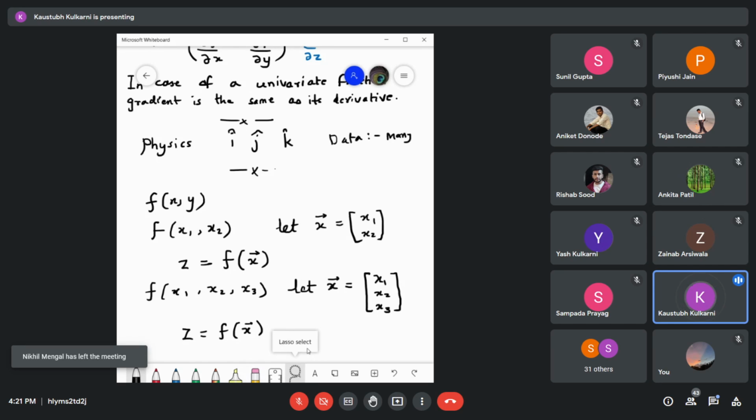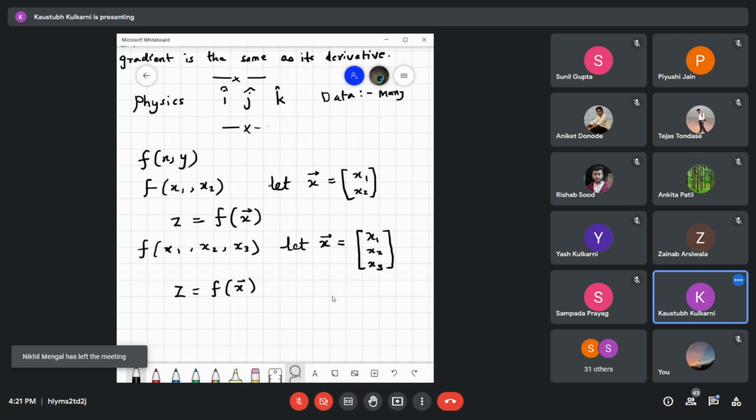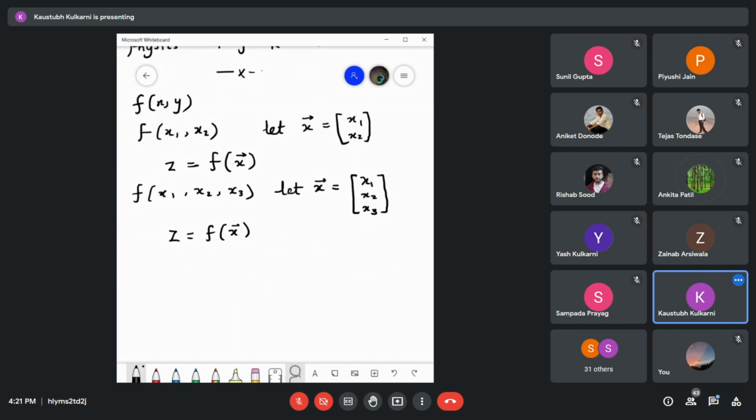Now let's generalize. Going beyond two or three components, in general we can have a function which has n parameters.